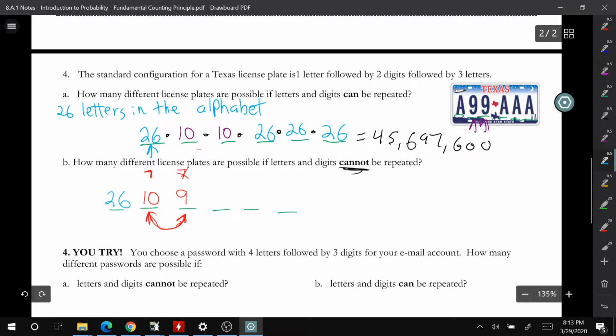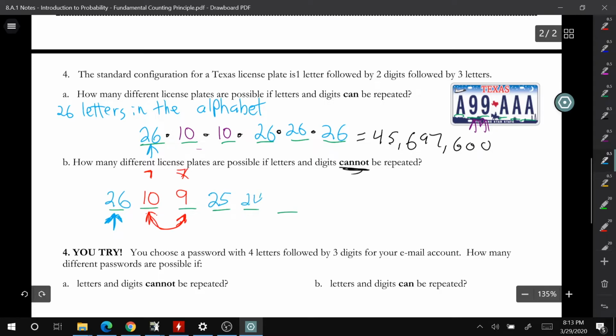And then we go back to letters for the fourth space. Well, again, I have one less option here because the first character in the license plate I've used up. I can't use it. So if it starts with a C, then this one cannot be C. So I have 25 options.